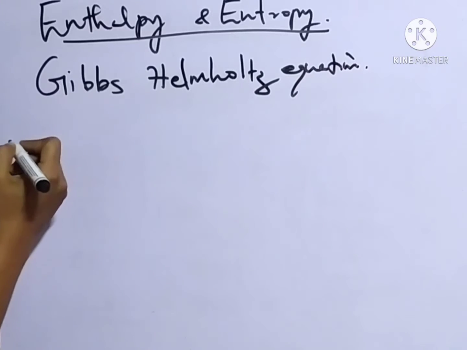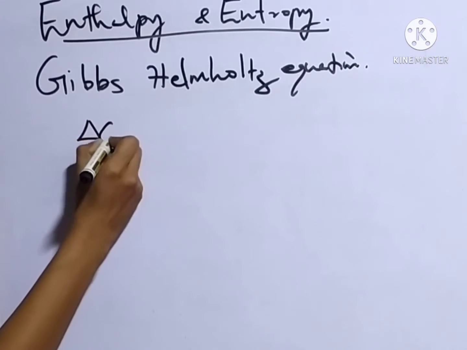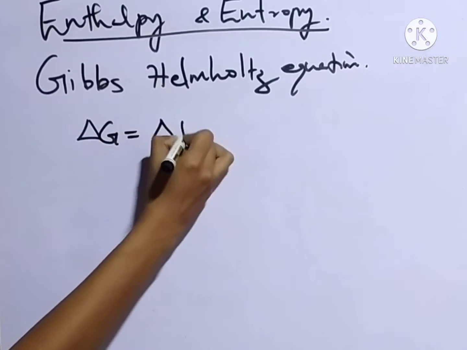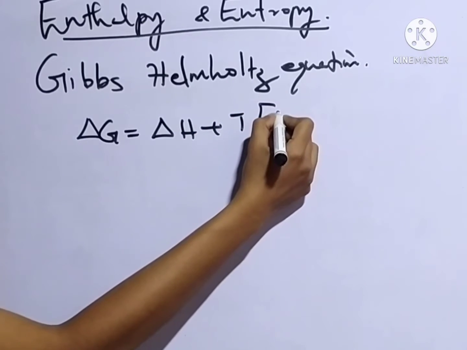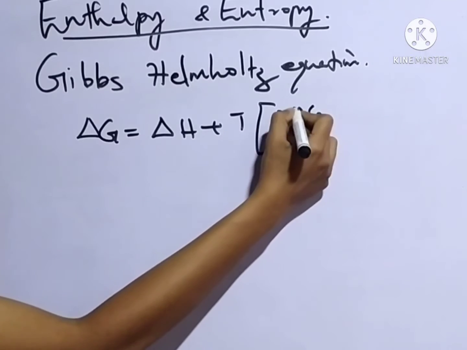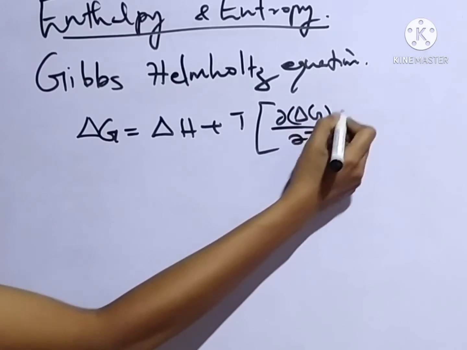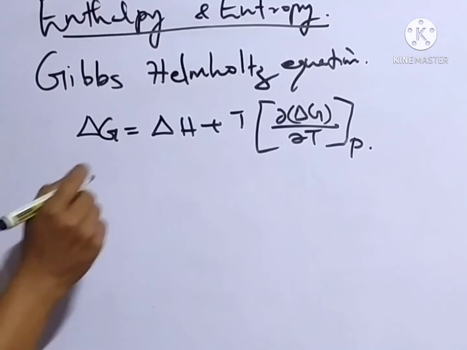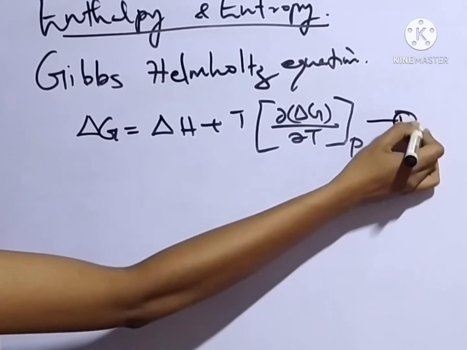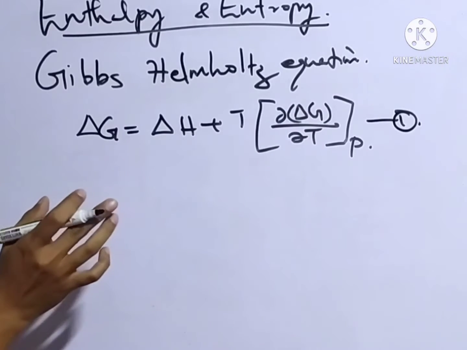So the Gibbs-Helmholtz equation is: delta G equals delta H plus T dou delta G divided by dou T at constant pressure. Let us number this as equation number 1.